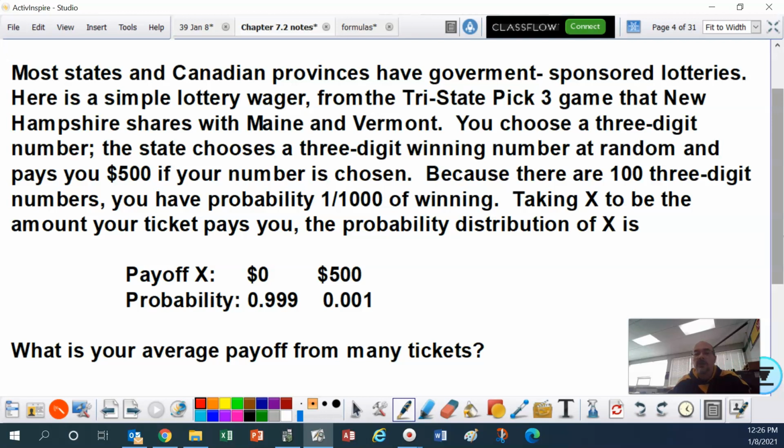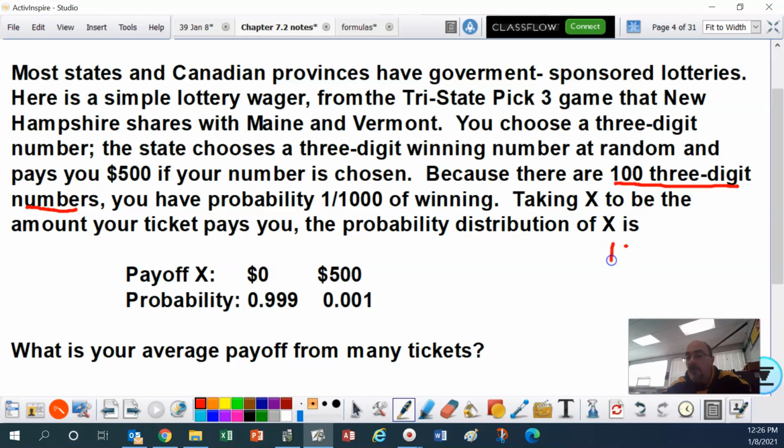You choose a 3-digit number. The state chooses a 3-digit winning number at random and pays $500 if your number is chosen. Because there are 1,000 3-digit numbers, you have a probability of 1 out of 1,000 chance of winning.